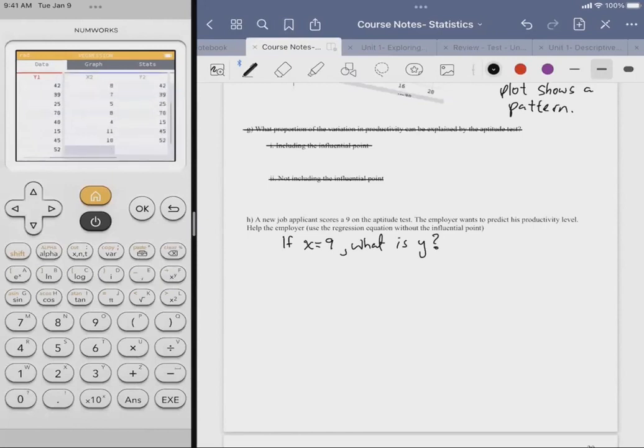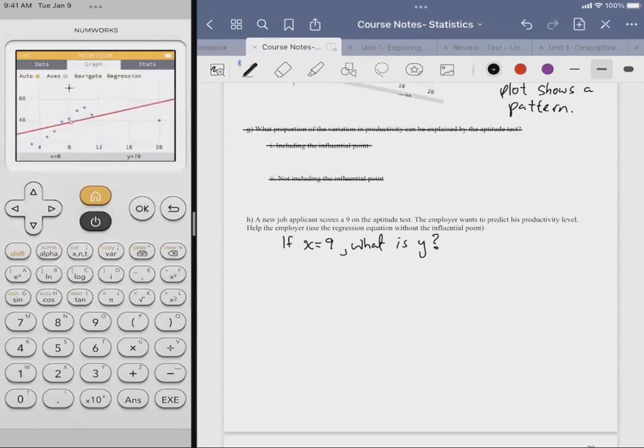So then I go into my graph. We could do the regression again. Y1, linear, it shows up. If you want to actually use the equation under regression, you can go in here and pull the equation out and make a substitution. That's perfectly fine.